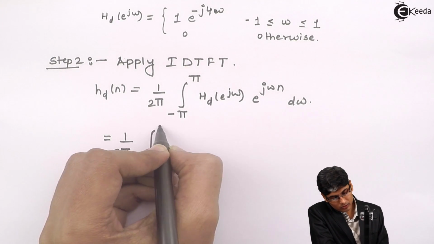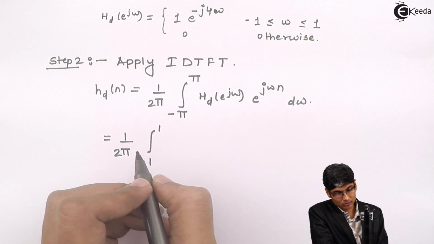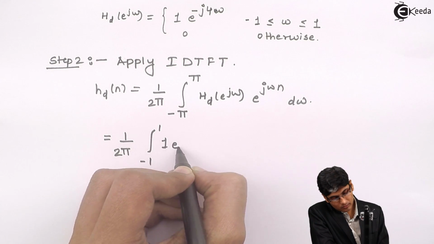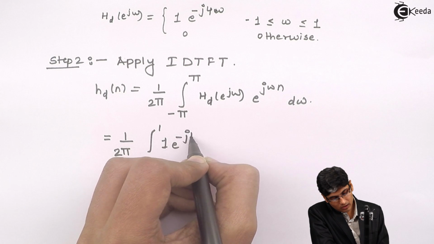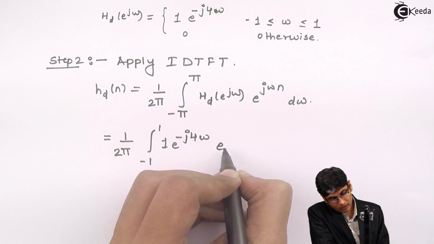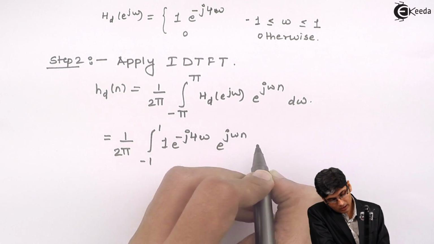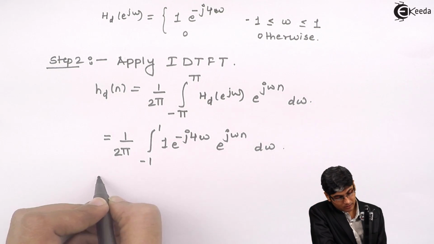from minus 1 to 1, and everywhere else it is 0. hd of e raised to j omega is e raised to minus j 4 omega, times e raised to j omega n d omega.